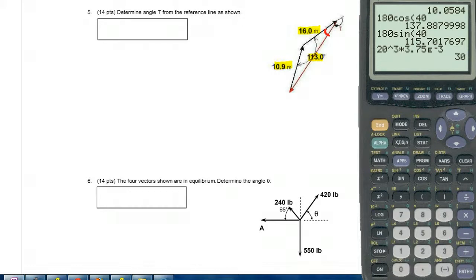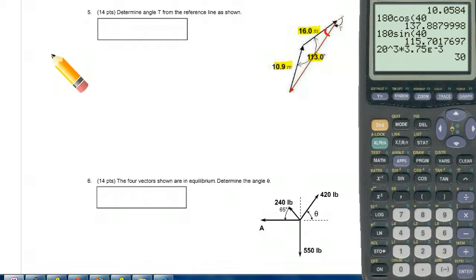Let's see, we've got law of sines and law of cosines. We don't know the length of this red side right here, so we can't use law of sines in one step, because we don't know the other angles or the side opposite the one angle we do know.